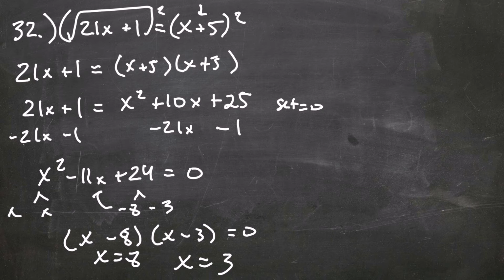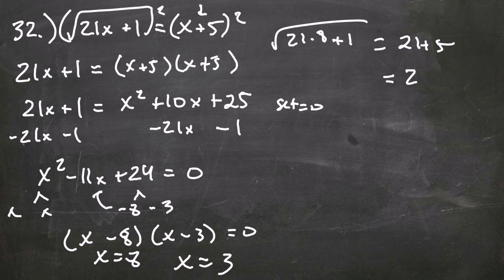So I plug it in. I say 21 times 8 all underneath the radical plus 1. Does that equal 21 plus 5 underneath the radical? Or not underneath the radical, just equal to 21 plus 5. So the right side's easy. That's just 26.